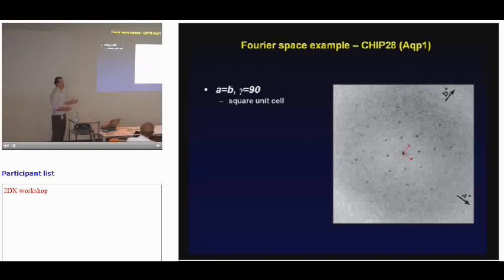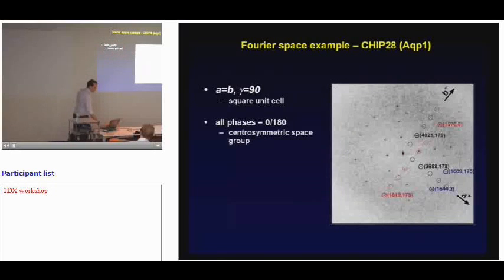So you can see, and there's symmetry forbidden reflections in this, so that's why these arrows seem to be pointing to nothing. Basically, you can get the length of A star and B star, which is inversely proportional to the length of A and B in real space, and you can also get the angle that separates them, and we can use these to define the unit cell. We can also use these to define the shape of the unit cell, and in this case we've got a square unit cell because of the relationship between these.